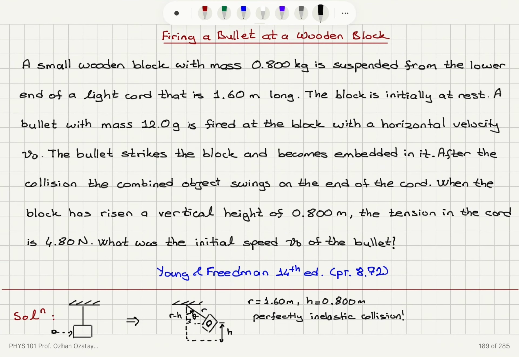So cosine theta is equal to (r minus h) divided by r, which is 0.8 divided by 1.6. So we obtain 1/2. Therefore, this angle is 60 degrees. Cosine 60 is 1/2. Okay.